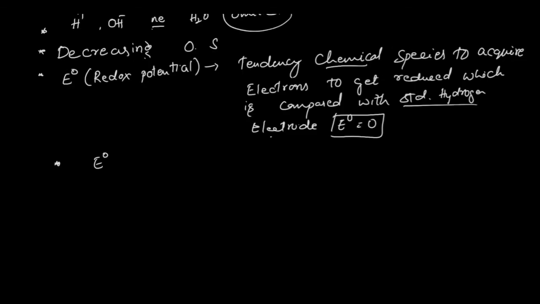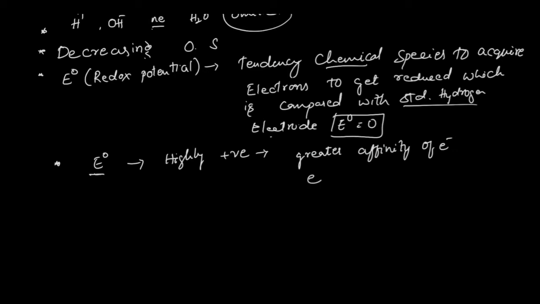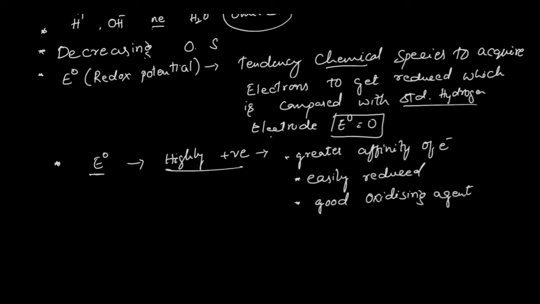An E0 value for a chemical species which is highly positive indicates that the species has greater affinity for electrons, so it is easily reduced, and it is a good oxidizing agent.